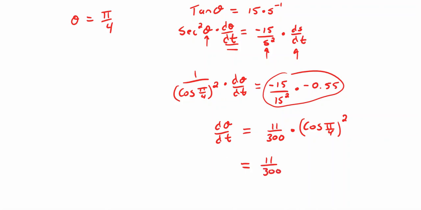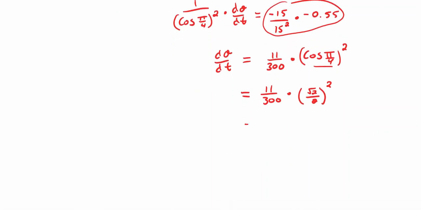All right. So what would cos pi over 4 squared be? Actually, let's write that out. What would cos pi over 4 be? Root 2 over 2. And then squared, so that'd be 11 over 300 times 2 over 4, 1 over 2. Yeah, it is 1 over 2.